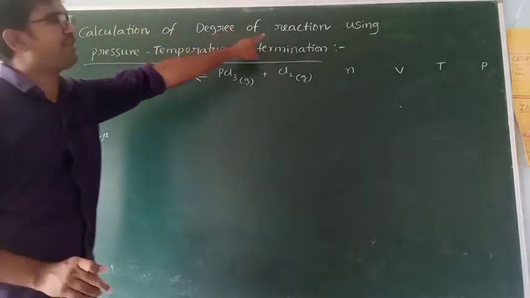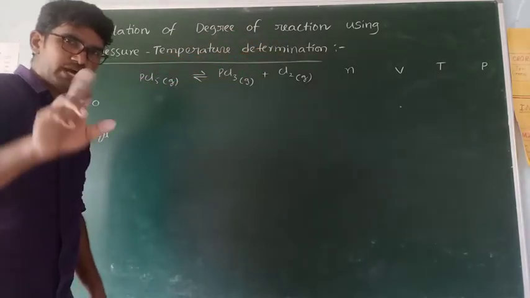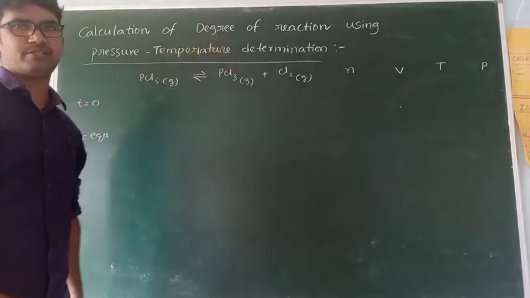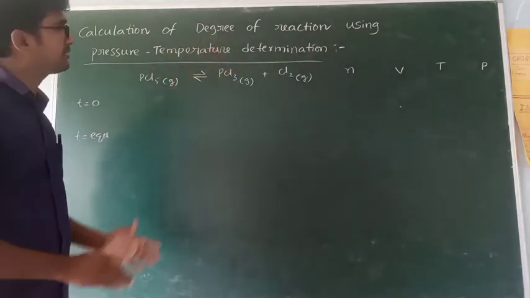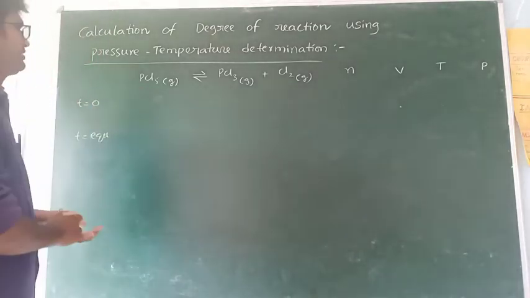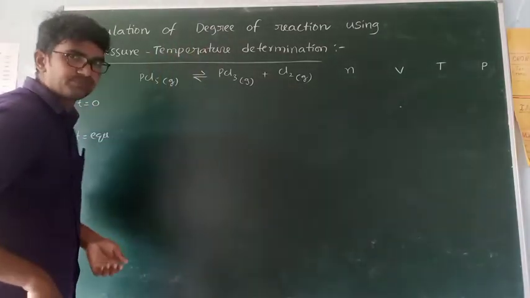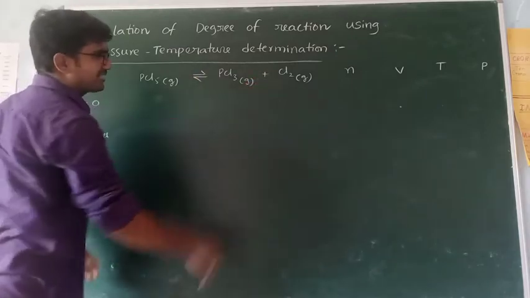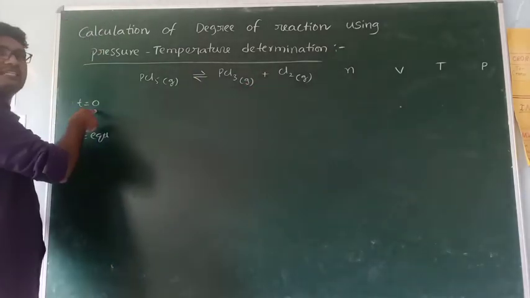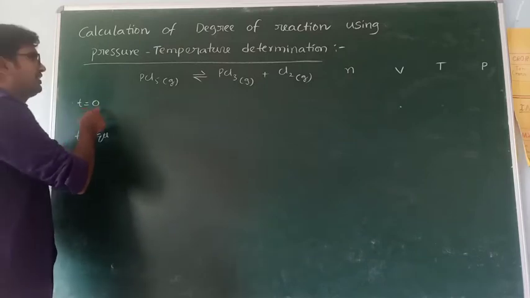Calculation of degree of reaction or degree of dissociation alpha using pressure and temperature determination. Pressure and temperature means the relation between alpha, temperature and pressure. Okay, this is one reaction. n is equal to 2 for this reaction, we know that. Now t is equal to 0 means at initial time, before dissociation.